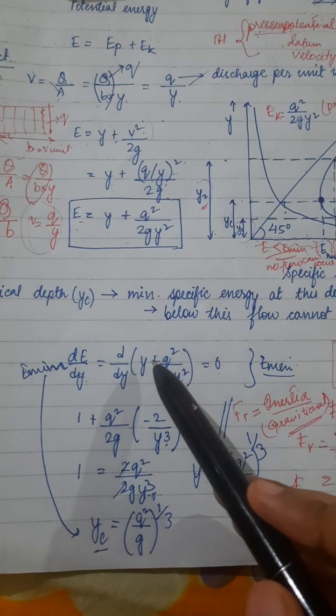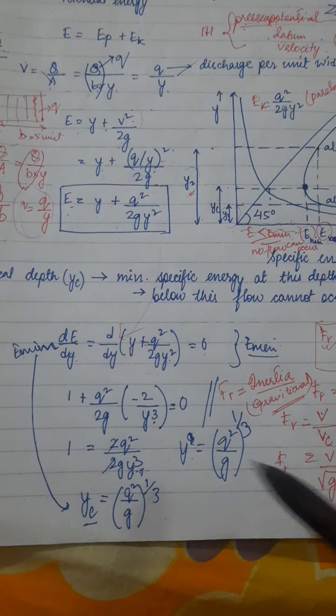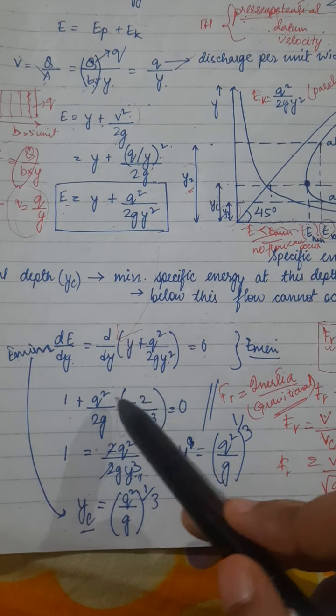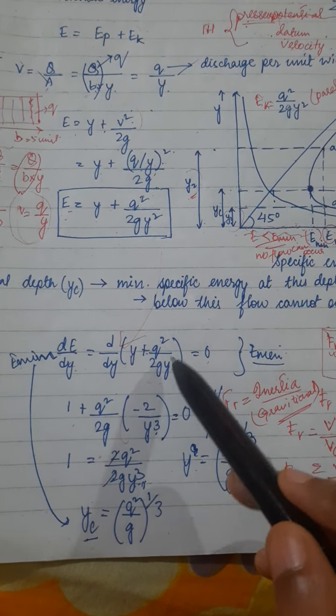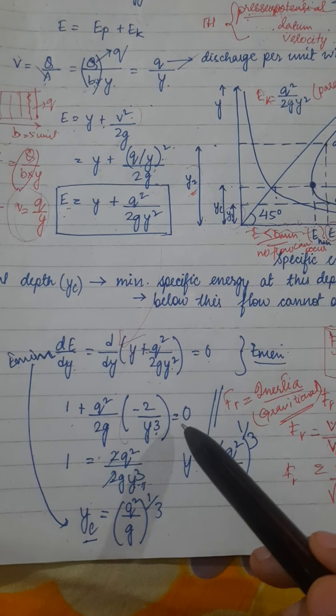So here we just have to put y plus q square by 2g. Differentiating it, 1 plus q square by 2g, and these are constant, so it will come out as inverse y square, or the differentiation is minus 2 by y cube, equals 0.